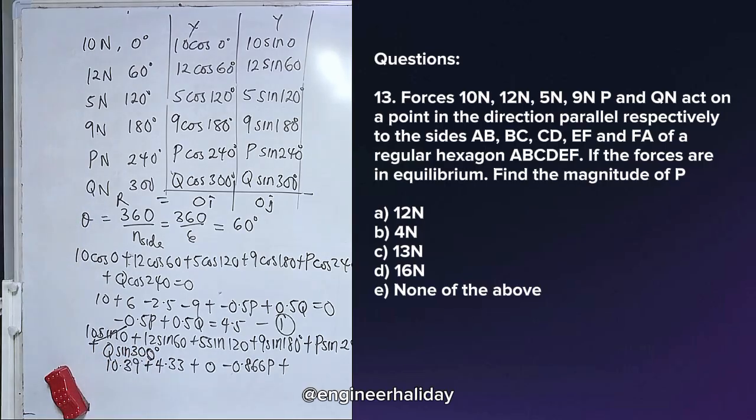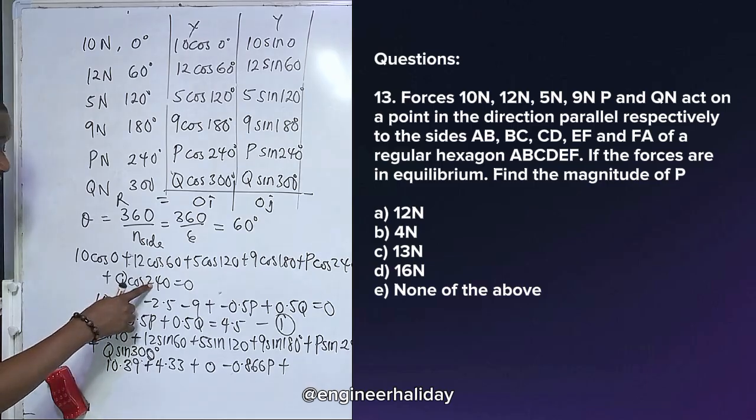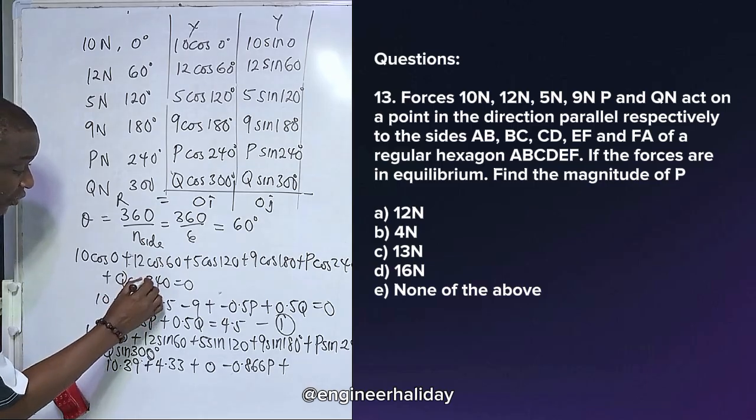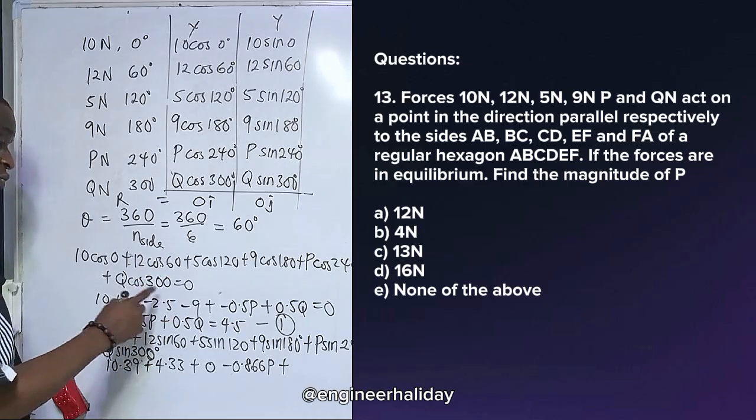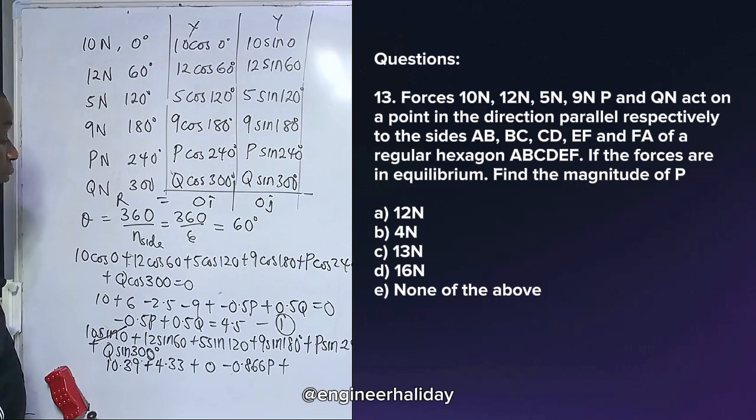Yes, agree. This one is 300 too. You made a mistake here; this is 300. Let me confirm this, please. Yes, the last one, the Q, put it as 300.